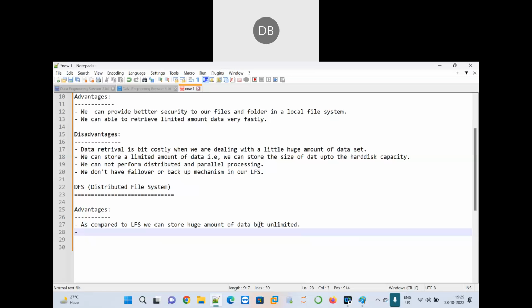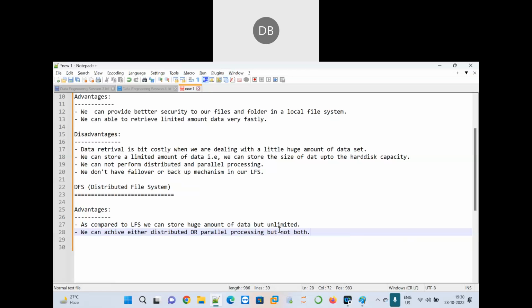Right? Then the next point: we can achieve either distributed or parallel processing, but not both.